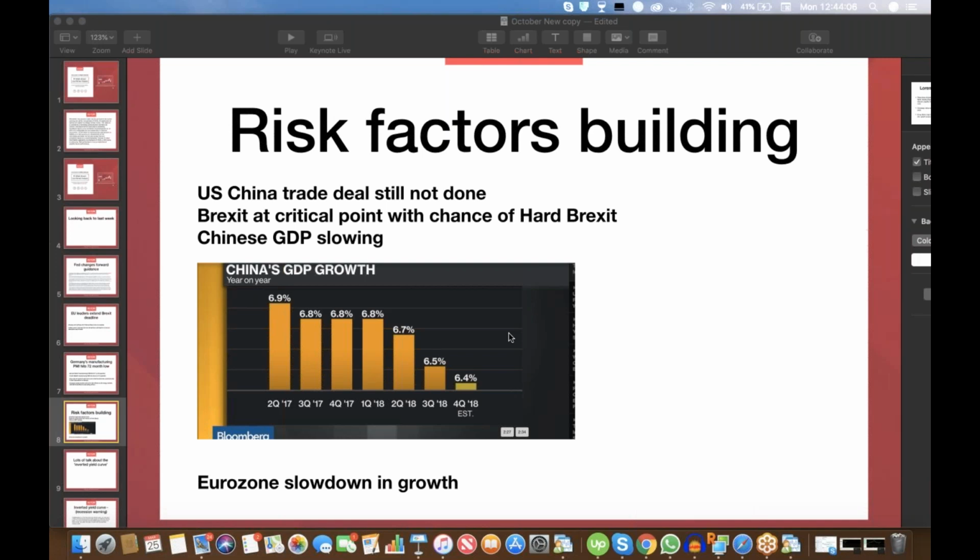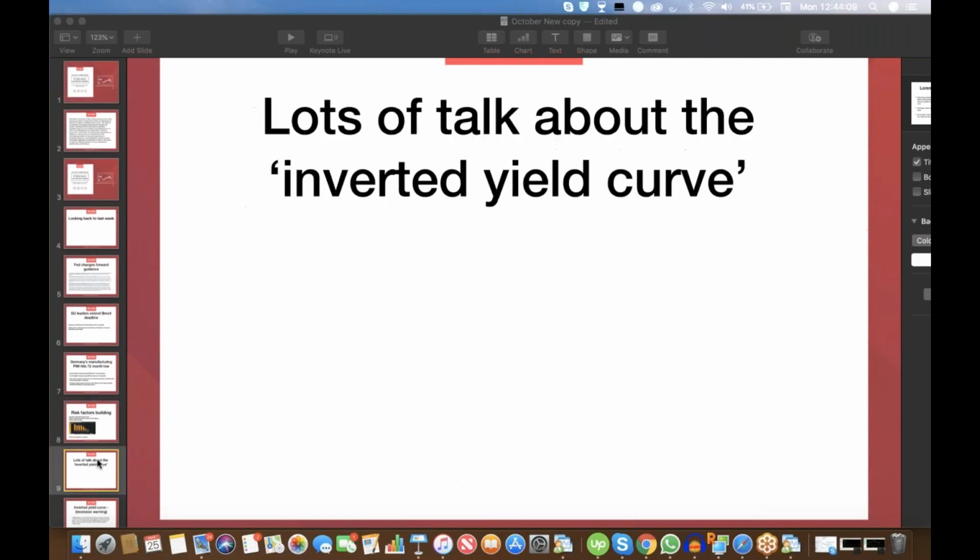Now, that concern was also expressed via, this is something if you've been following the markets, you would have heard about, which is lots of talk about the inverted yield curve. Now, I thought I'd just take a moment because this involves bonds, and bonds is one area that many beginner traders take a while to get their head round.